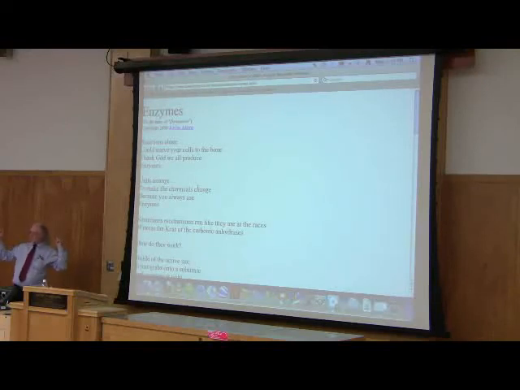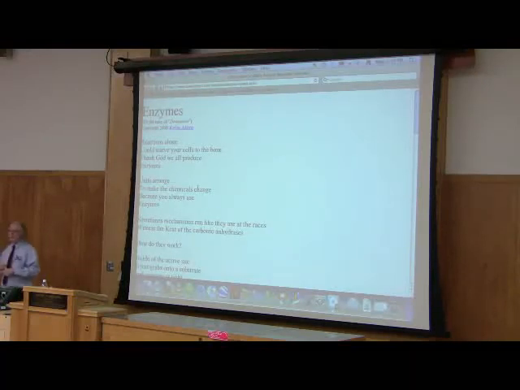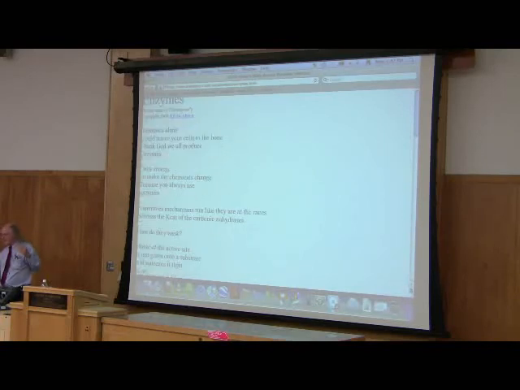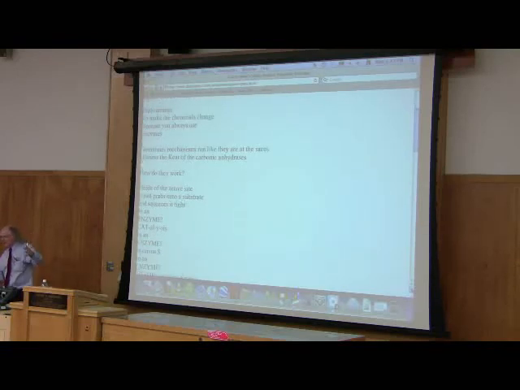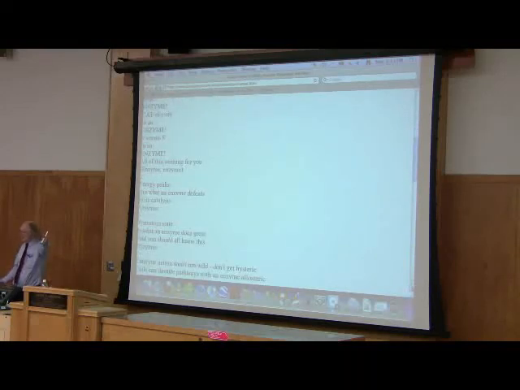Reactions alone can starve your cells to the bone. Thank God we all produce enzymes. Units arranged to make the chemicals change, because you always use enzymes. Sometimes mechanisms run like they are at the races. Witness the K-cat of the carbonic anhydrases. How do they work? Inside of the active site, it just grabs onto a substrate and squeezes it tight in an enzyme. Catalysis in an enzyme. V versus S in an enzyme.